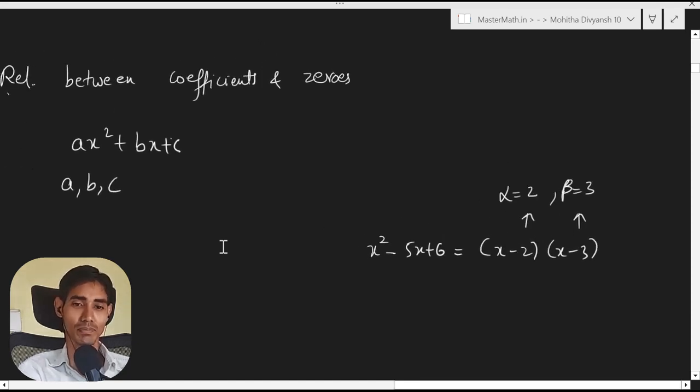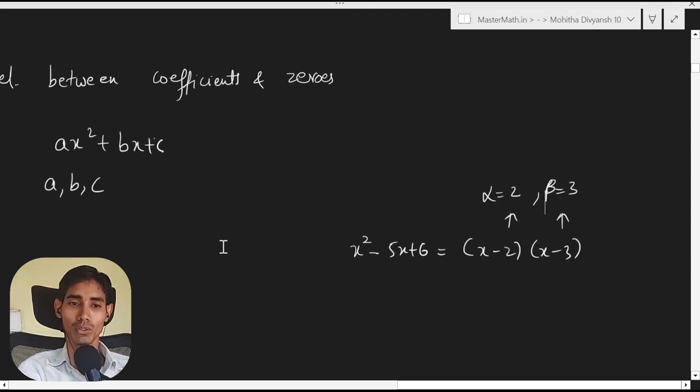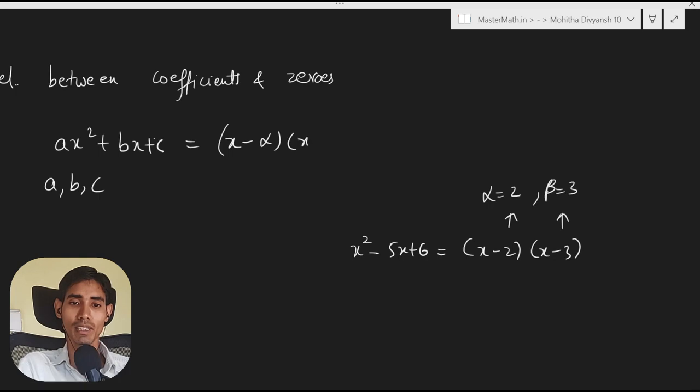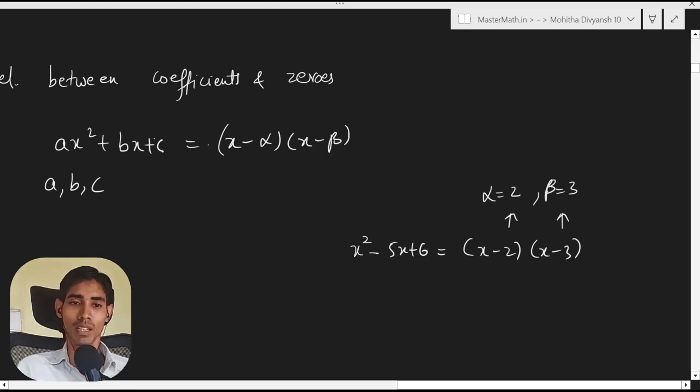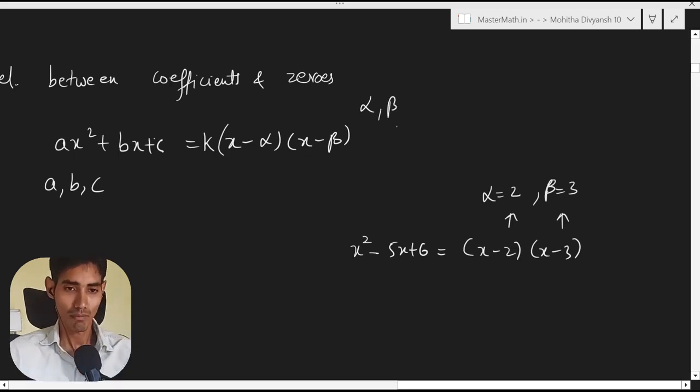These are just letters, nothing else. Okay, so now can I write this as x minus alpha and x minus beta for a general case? Yes, sir. And there is a multiplying factor k that we'll discuss once we dive in a bit. So alpha, beta are the zeros. Now we have to find what's the relation between these a, b, c and alpha, beta.